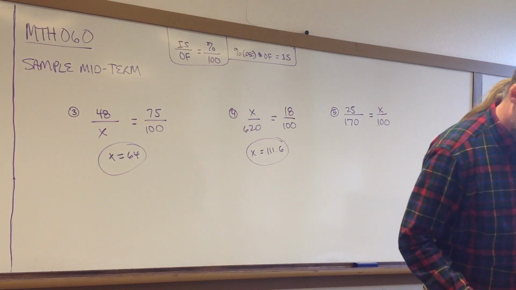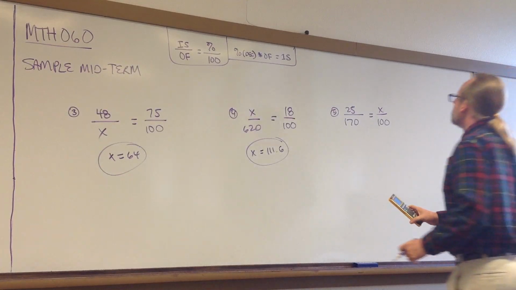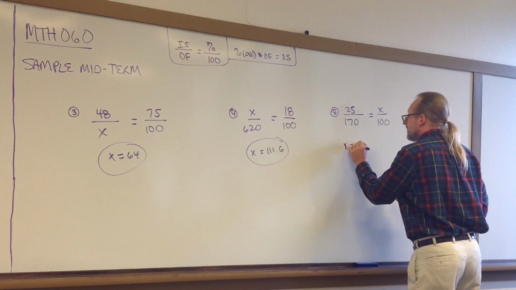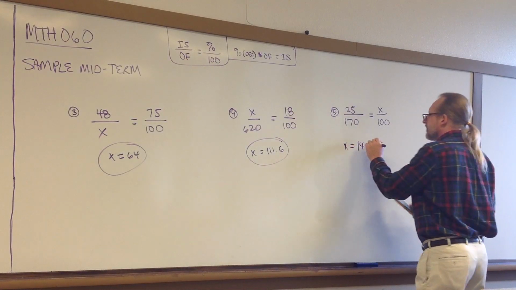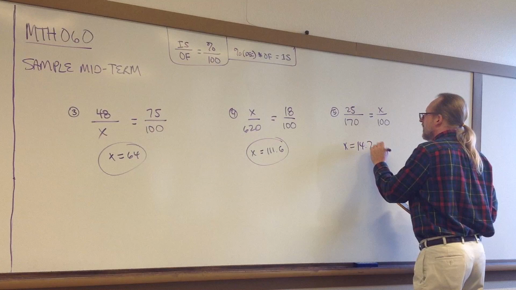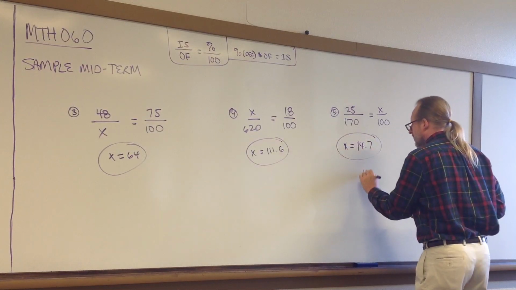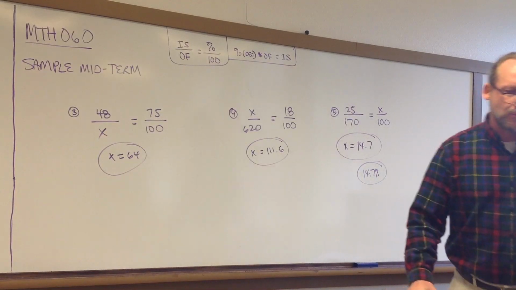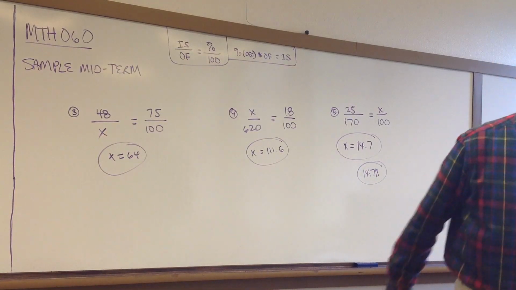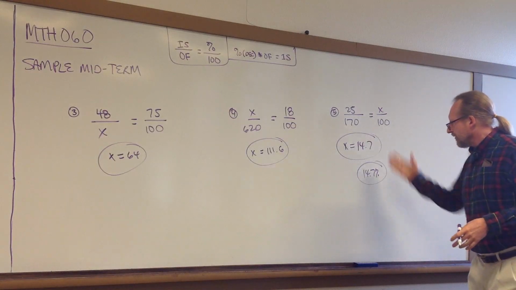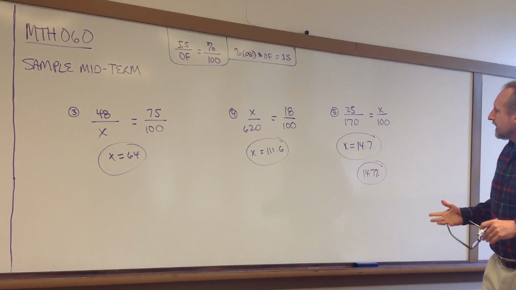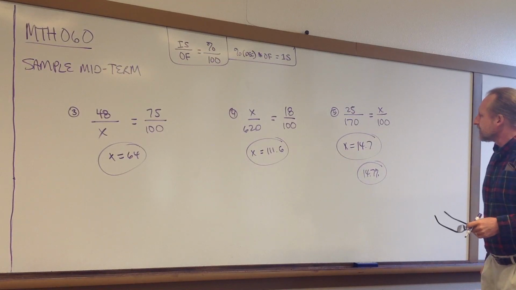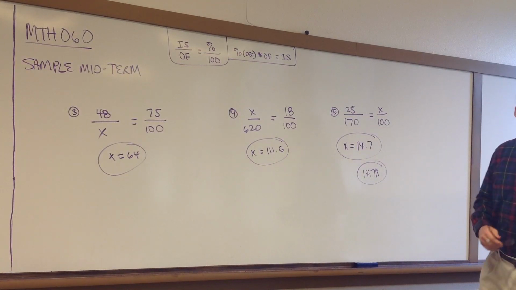In this one, if I don't tell you where to round it, I have to accept any reasonable answer. And here, 14.7% is a reasonable answer. But if you rounded it to 15%, I wouldn't take points off because I didn't specify where to round it. Frequently, if we get an answer that's got a long non-repeating decimal after it, I'll say round to the nearest 1/10 of a percent or something.